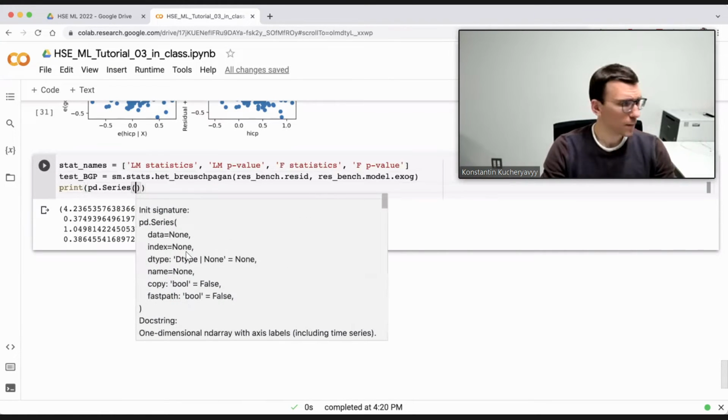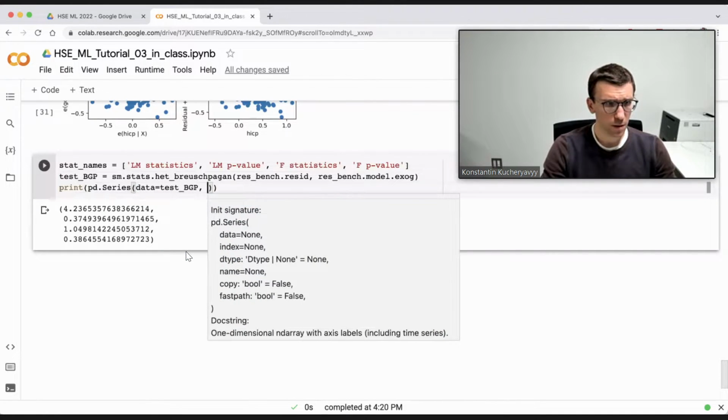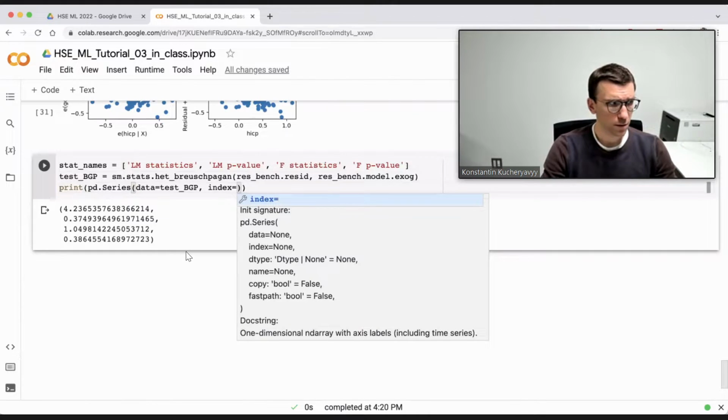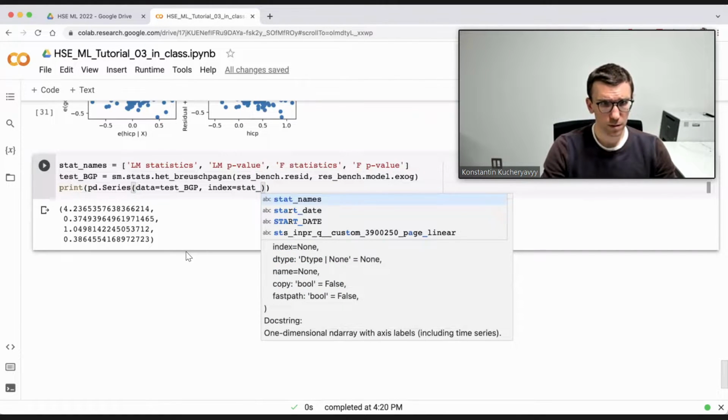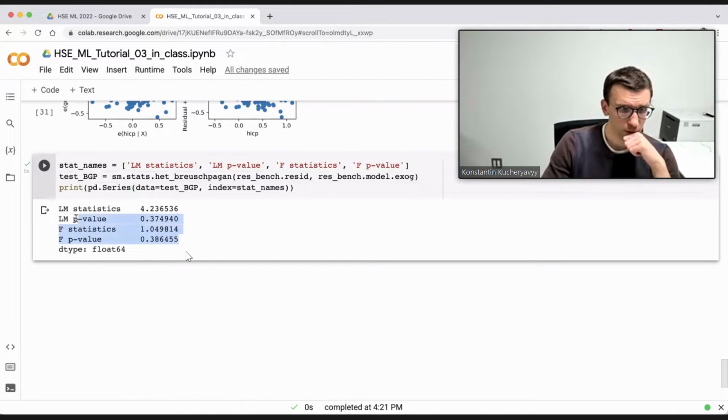So let's write it in a nice way as a series. The point is that in all these heteroskedasticity tests, you can always check the documentation for this function.